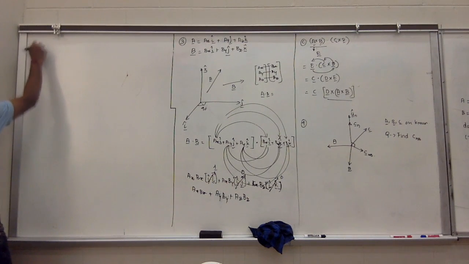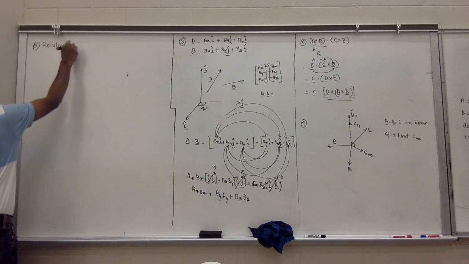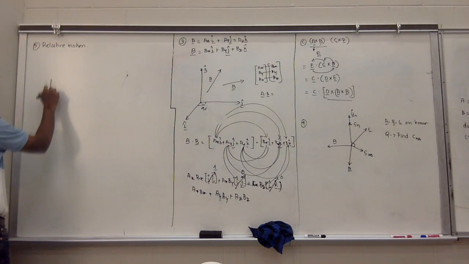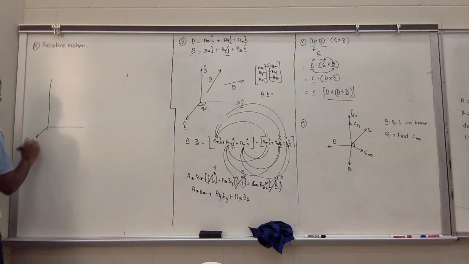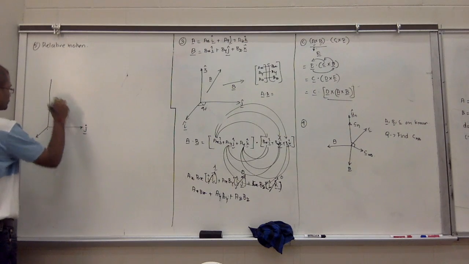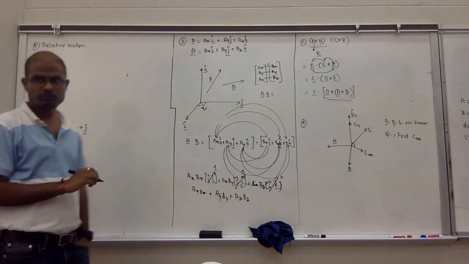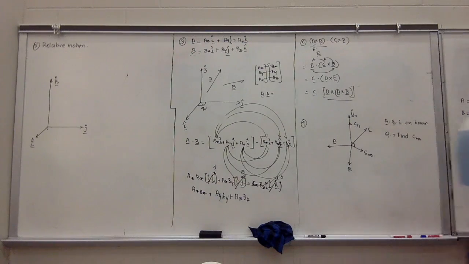The fifth one is relative motion, right? What you have is, we have done this, you have one inertial frame. This is cap I, cap J, cap K, okay? And then you have a point T somewhere.